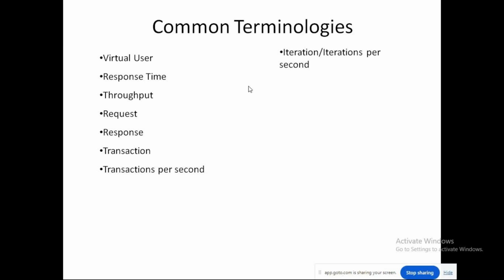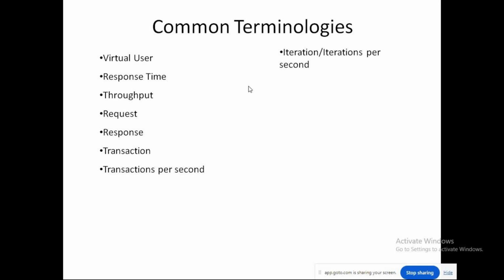So one complete user flow, guys. Let's say you have a scenario where you have to launch the application, log in to the application, search for a product, then purchase that product, and then sign out. So this launching, logging in, searching the product, purchasing the product, signing out, all these are part of one user flow.